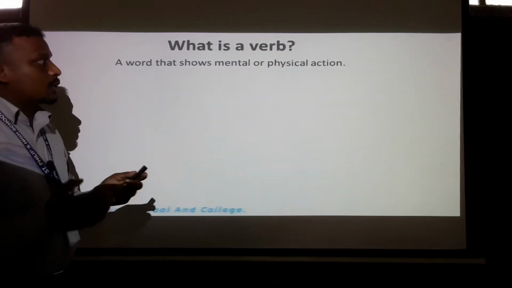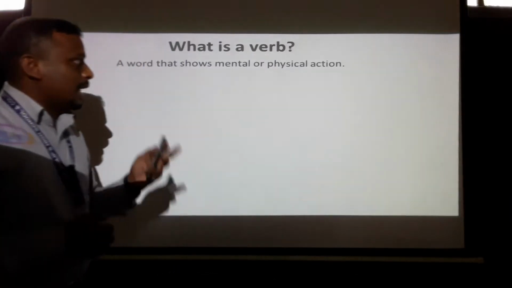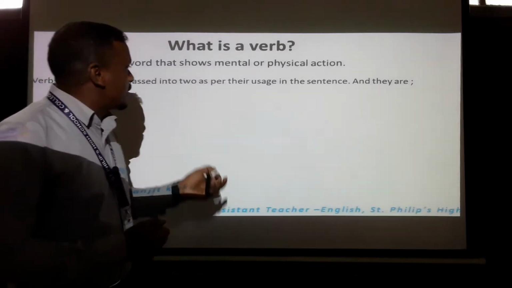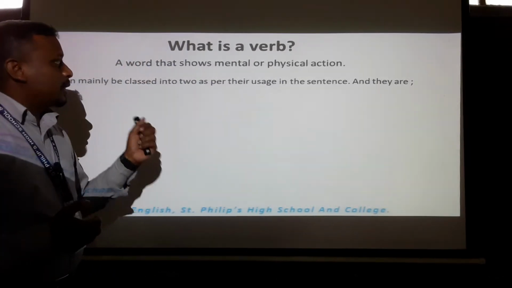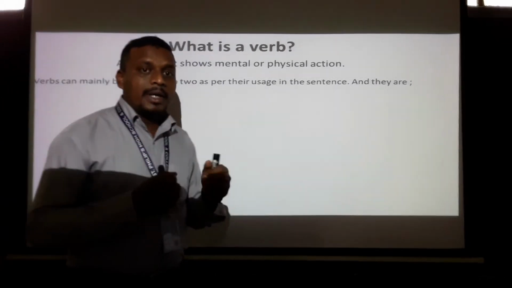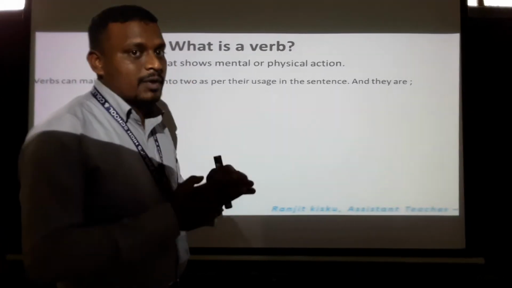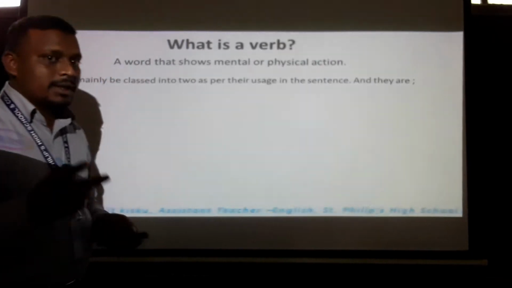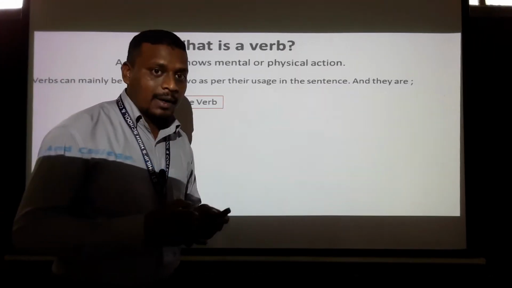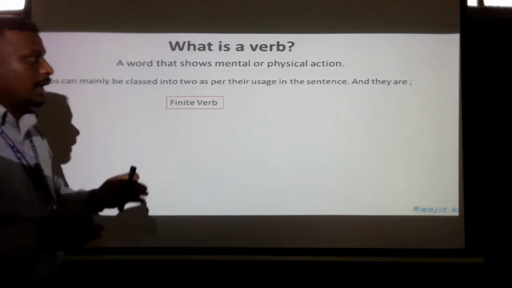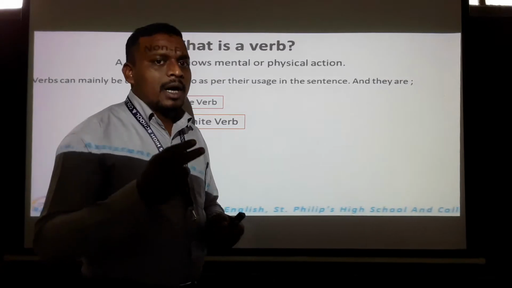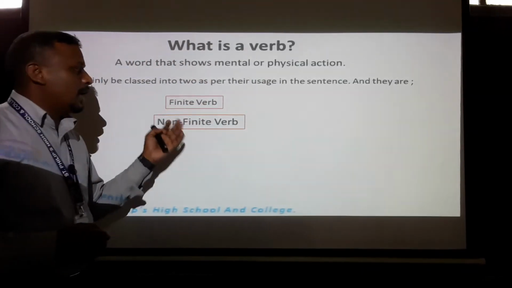Verbs can mainly be classified into two as per their uses in the sentence. Let's see the division. First, we get finite verbs, then non-finite verbs. So dear learners, verbs are of two types: finite and non-finite verbs.